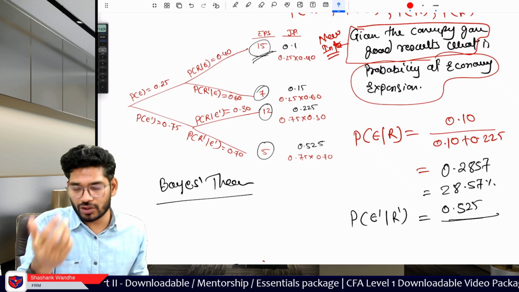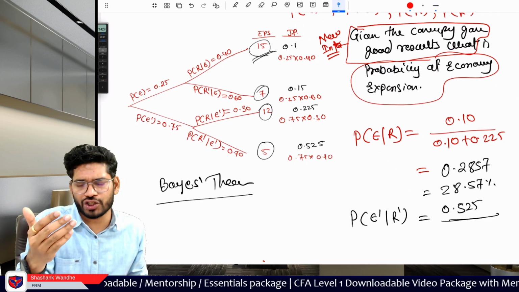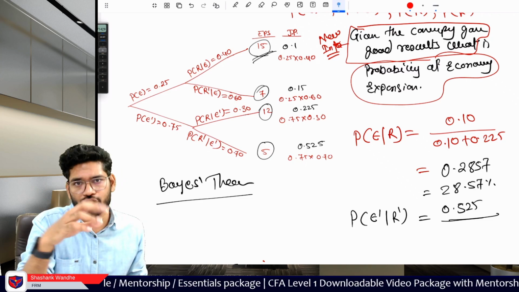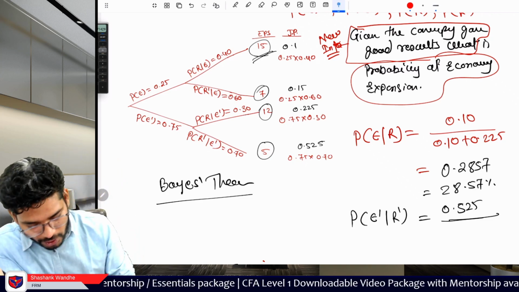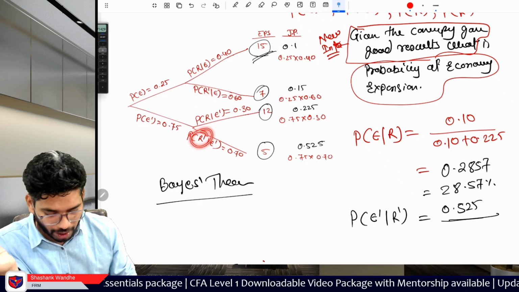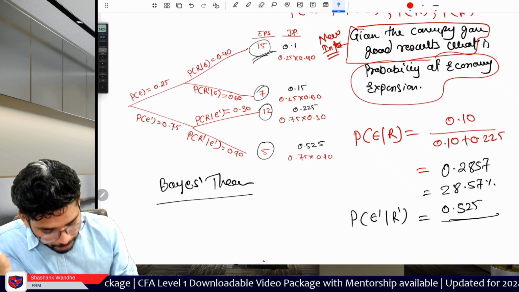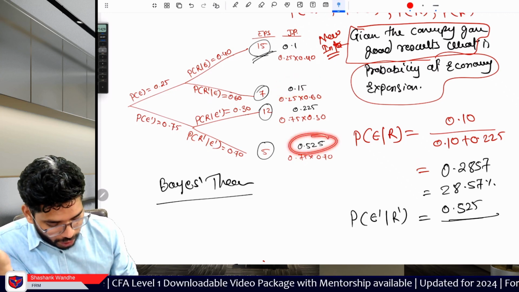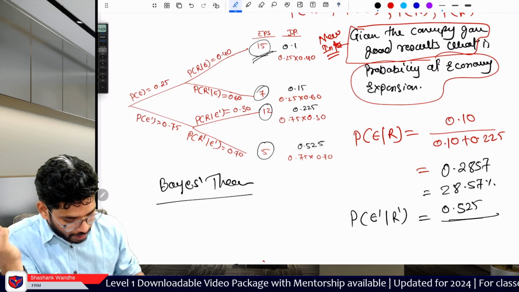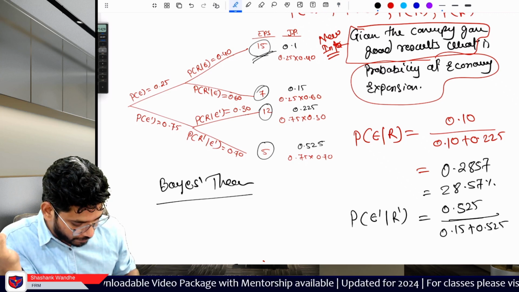So poor results can come from poor economic conditions, that is no expansion in the economy, or good economic conditions, that is expansion in the economy. So poor results with expansion, poor results with no expansion. So 0.15 plus 0.525.